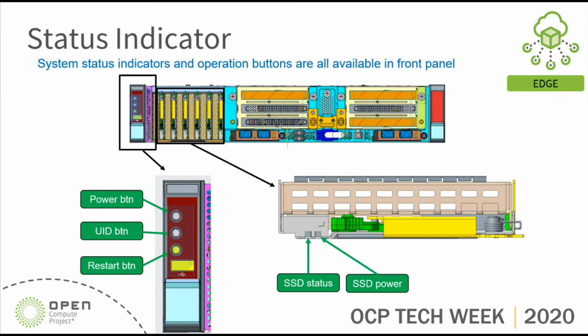And on the bottom side, there will be an SSD status and also an SSD power indicator to show the health of the SSDs. These status indicators and operation buttons are all accessible on the front panel, so it is very easy for the operators to do system servicing.